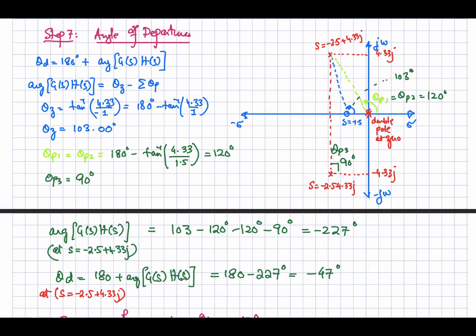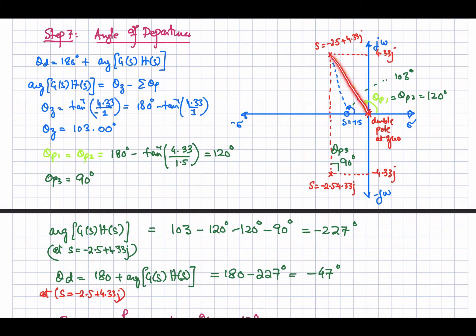So that is the angle of the zero. Now the angle of poles. There are two poles at the origin, a double pole. We need to calculate this angle, because this is the line joining our selected pole with these poles. How to calculate that? Again, we can use this triangle, right? This is 4.33 and this is equal to minus 2.5. We need to find this angle, theta p1 or theta p2, because two poles are at the origin.